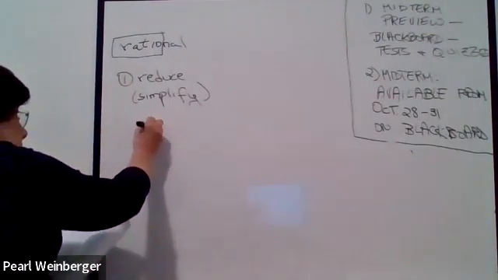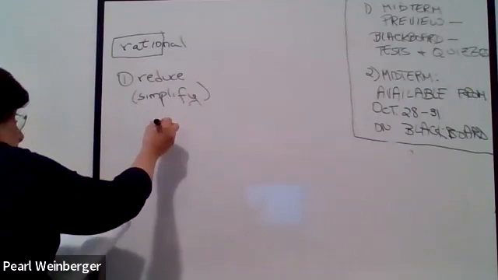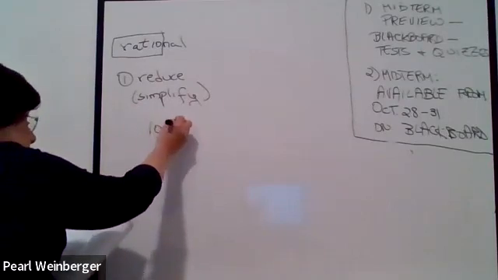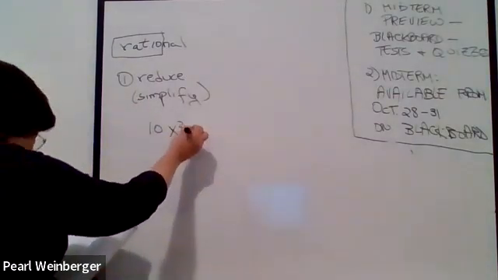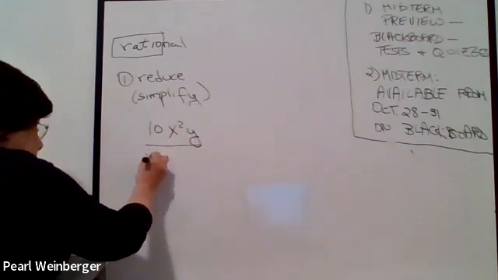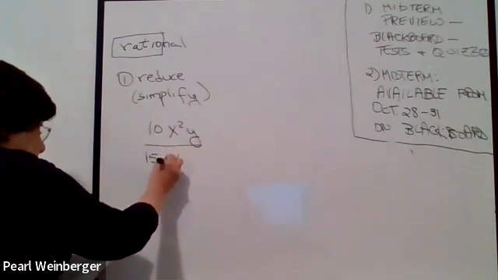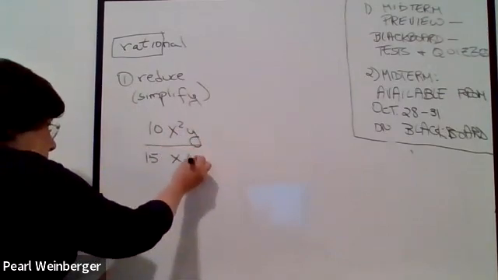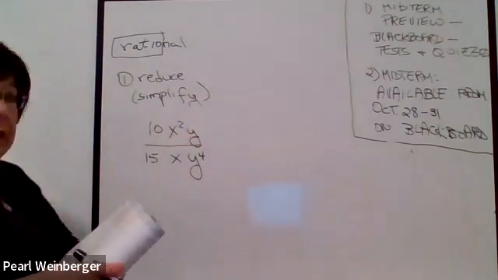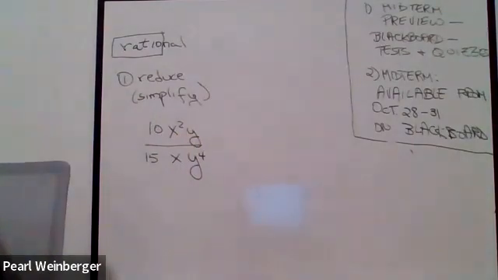Suppose I had 10x squared y over 15xy to the 4th. Let's say I have a fraction that looks like this.